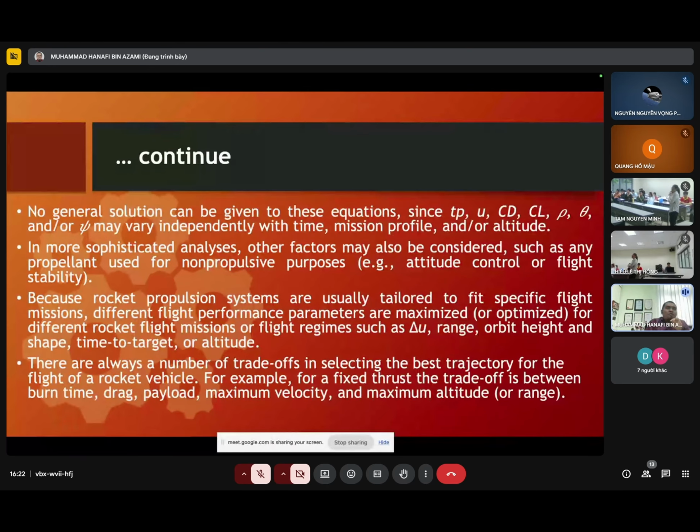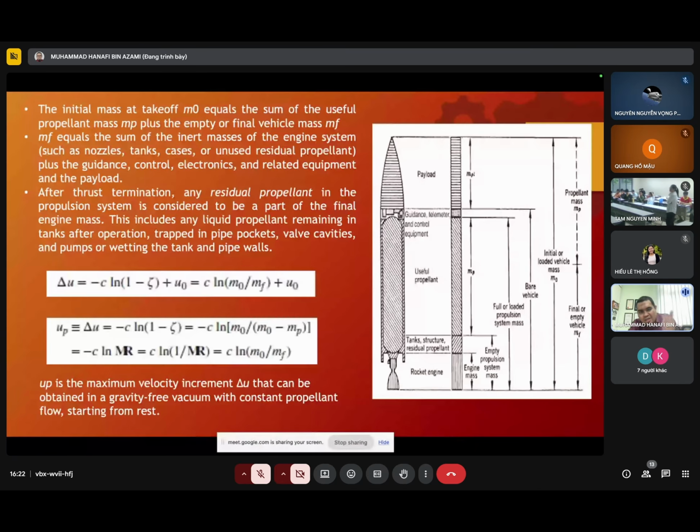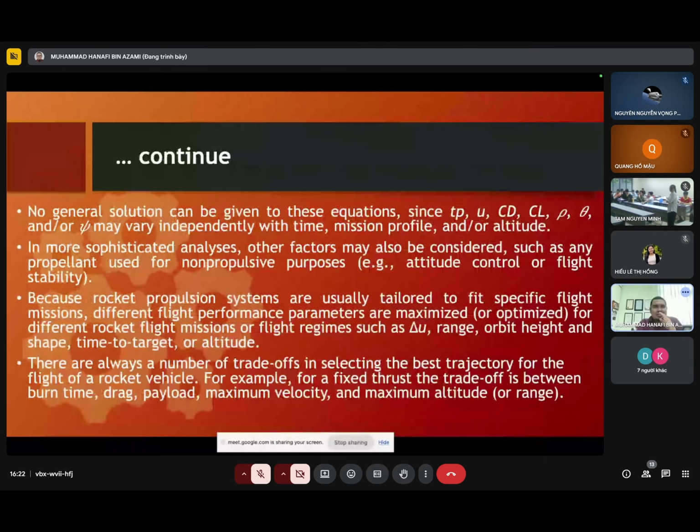If you go much below 45 degrees, for example, 25 degrees, 15 degrees, it does not travel that far. This is according to the assumption of gravity free, drag free, as well. That is the effect if you are playing with the angle.